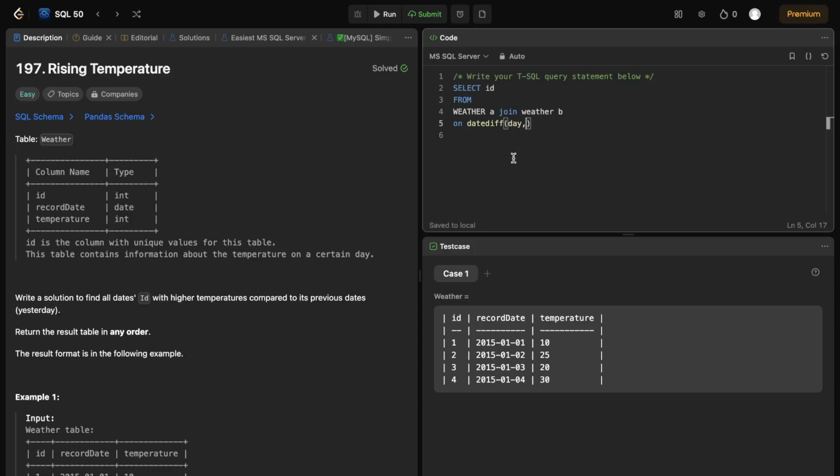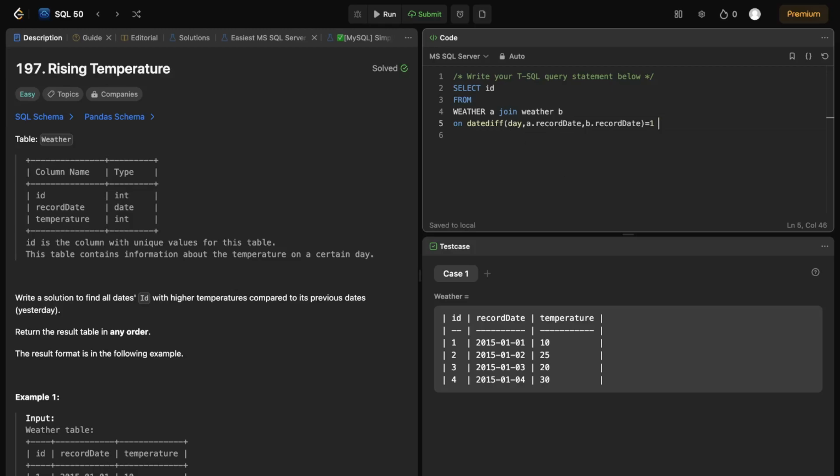We need to find the number of days, so day. My first date is A's record date, and my second date is B, the second table's record date, and this difference should be 1.